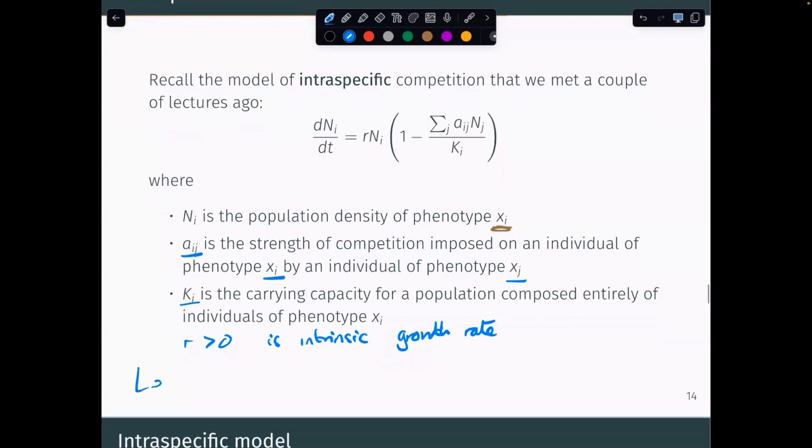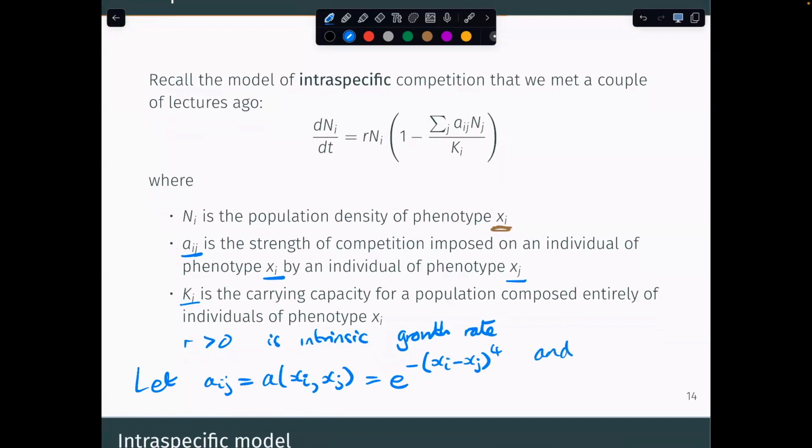Okay, let's define our competition function, remember, between phenotypes Xi and Xj. I'm going to define this as e to the minus (xi minus xj) to the power of 4. We had this one previously.